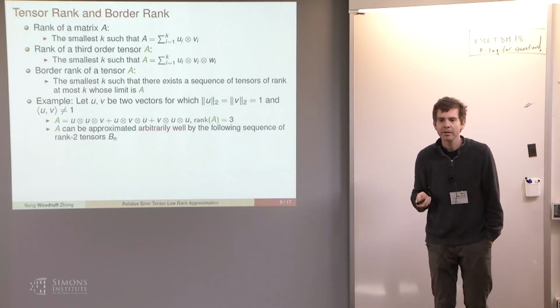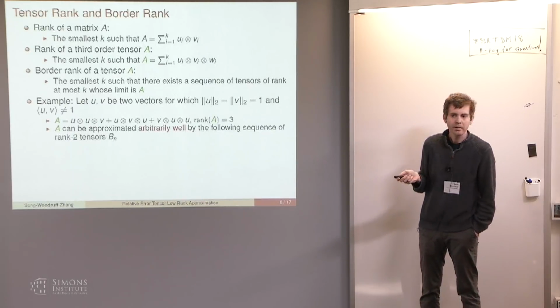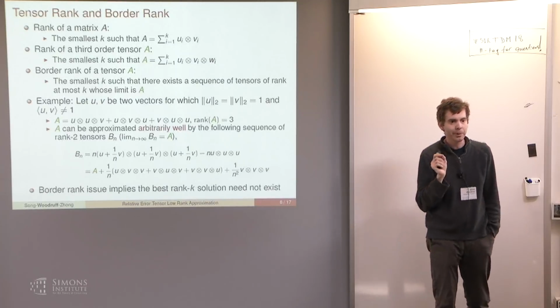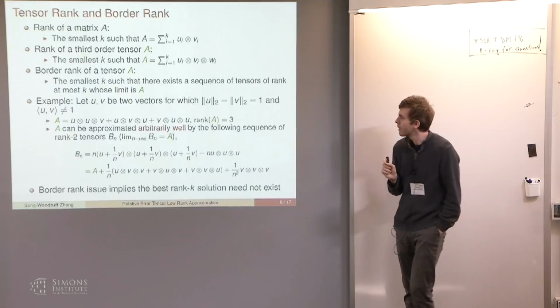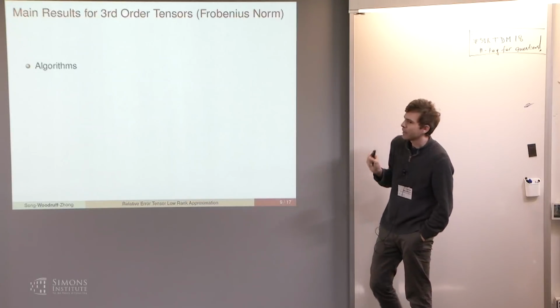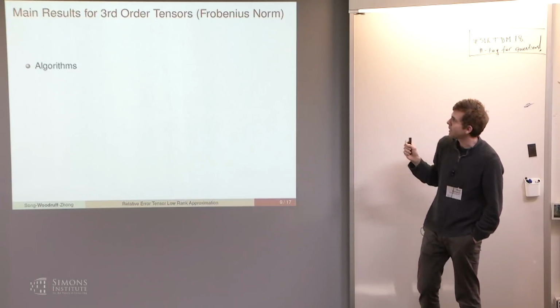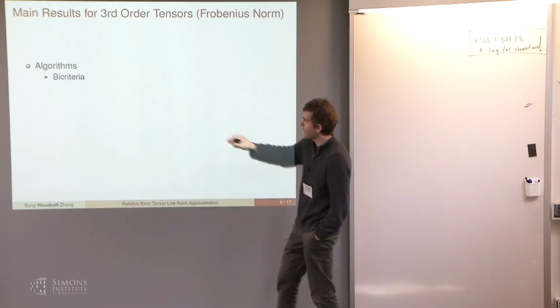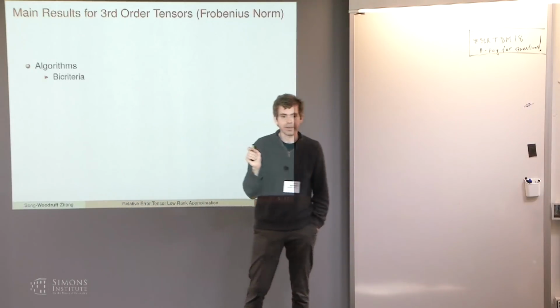Any other questions? OK. Bicriteria solutions are one way we're going to deal with NP hardness, by the way. So let me get into our results then. Algorithmically, we'll give a bicriteria solution.